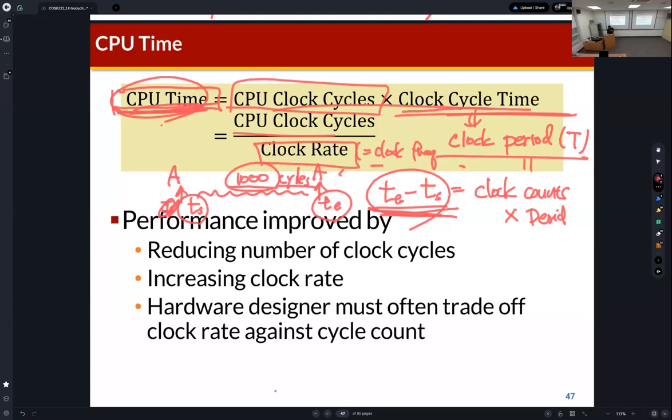If an equation is given, then we can think about how to improve the performance. So this is the equation: CPU time is the clock count multiplied by clock period.